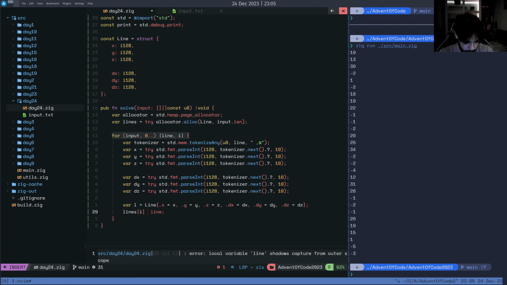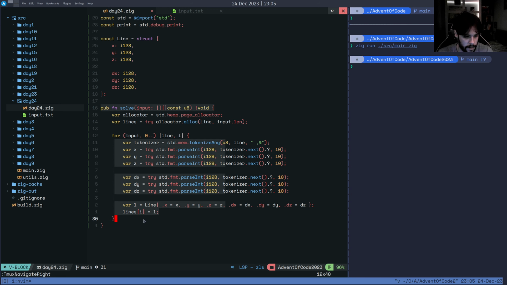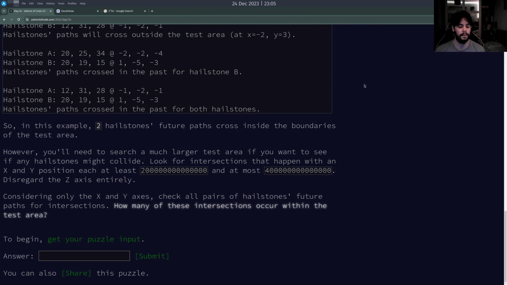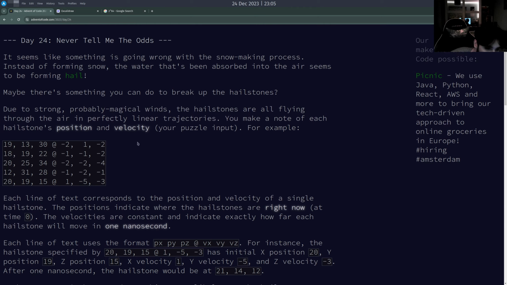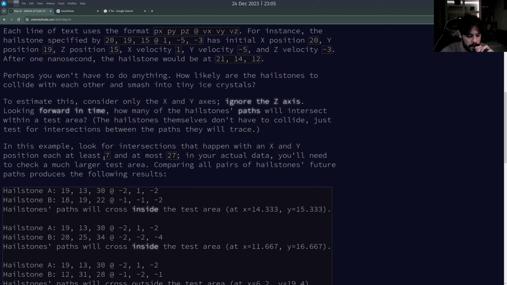There we go. Anything crash? Nothing crashes. Great. So what we'll have to do is check each one with each other one. So for this one, the boundaries are between 7 and 27.